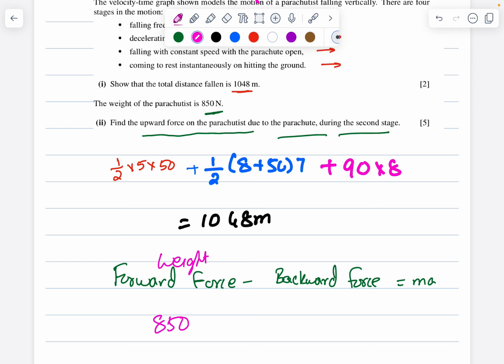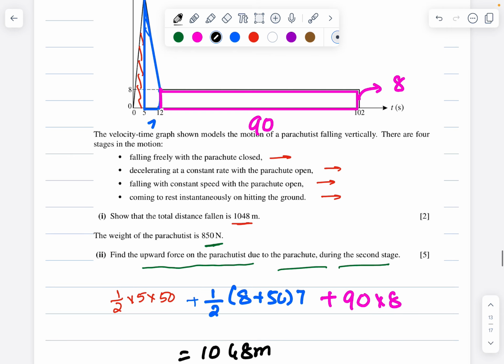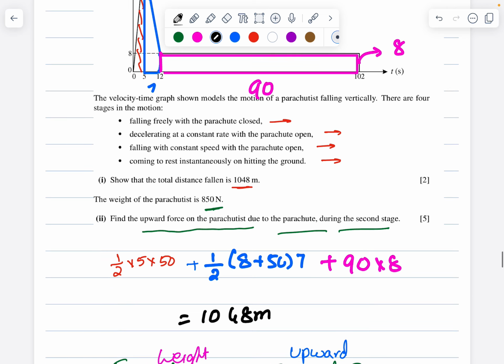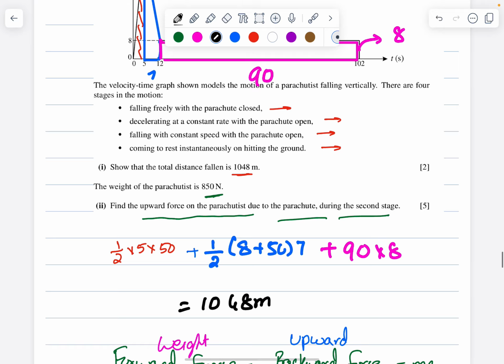Then minus the backward force, which is the upward force F, equals ma. The mass is the mass of the parachutist. Now we need to know the mass of the parachutist.